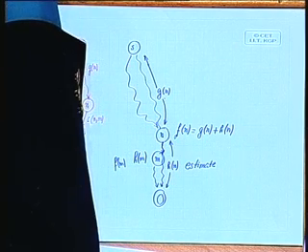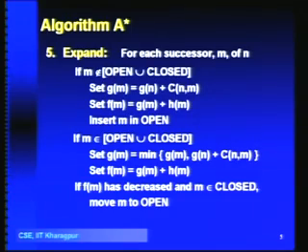So, coming back to here, we have Gm is equal to Gn plus Cnm, and then we set Fm equal to Gm plus Hm, where Hm is the estimated cost of reaching the goal from m, right. Then we insert m in open.